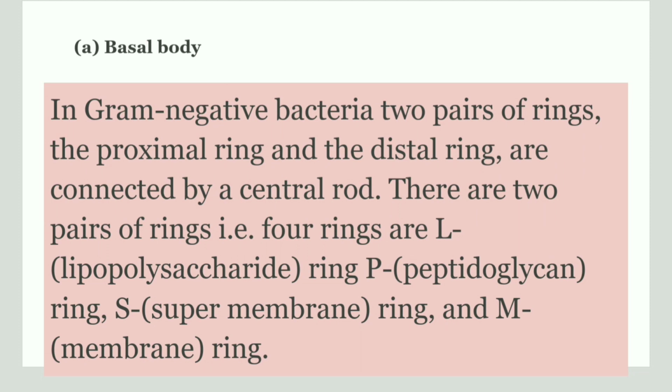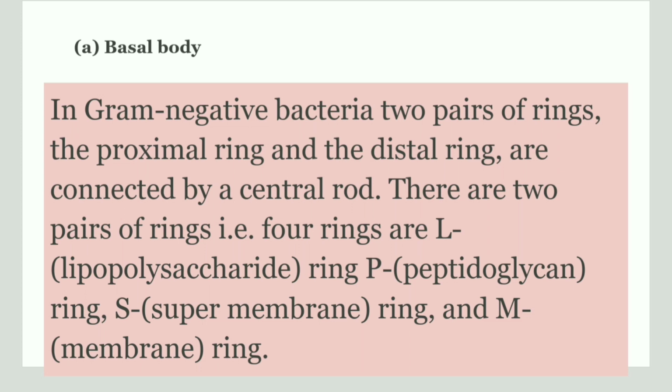Now let us consider a gram-negative bacteria. A gram-negative bacteria has two pairs of rings, that is a proximal ring and a distal ring, and these are connected together by a central rod. Two pairs of rings means four rings.